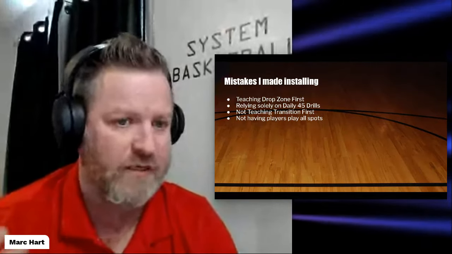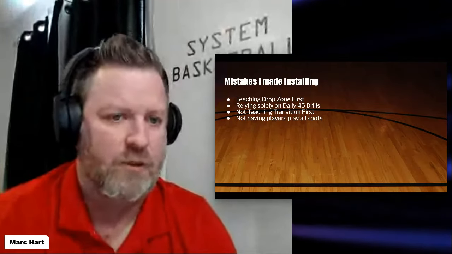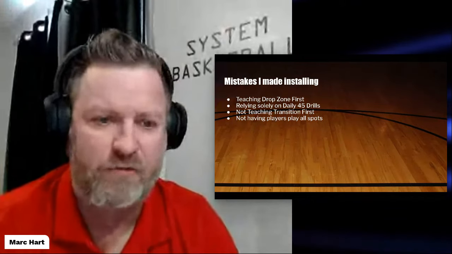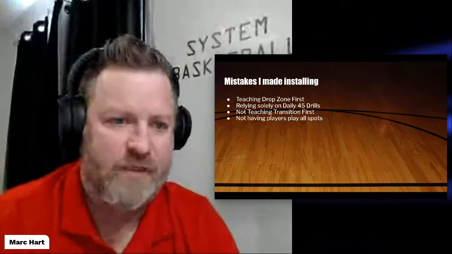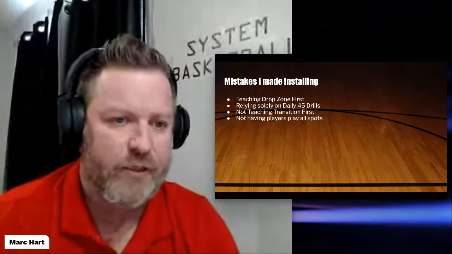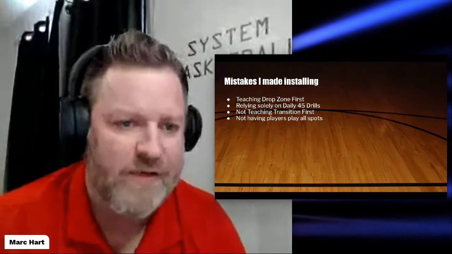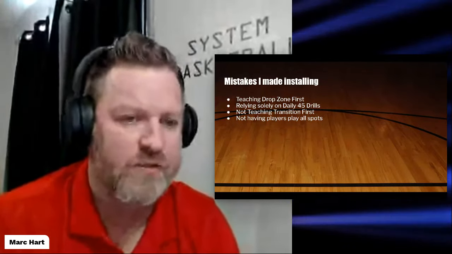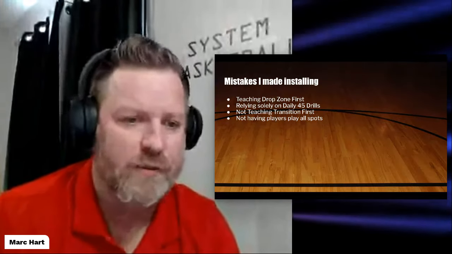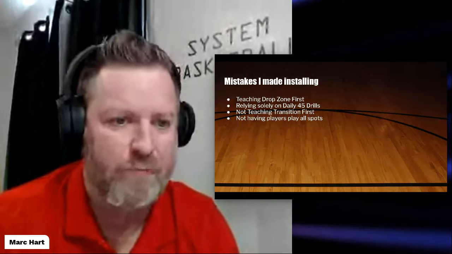So it's, like I said before, a framework, a spacing template, and then you just have to teach them the big 3, which are attack mentality, creating gaps, and then maintaining your spacing as you're driving. So I was not having my players learn all the positions. If they were a corner player, I would only have them play the corner, and if they were a slot, I would only have them be in the slots.